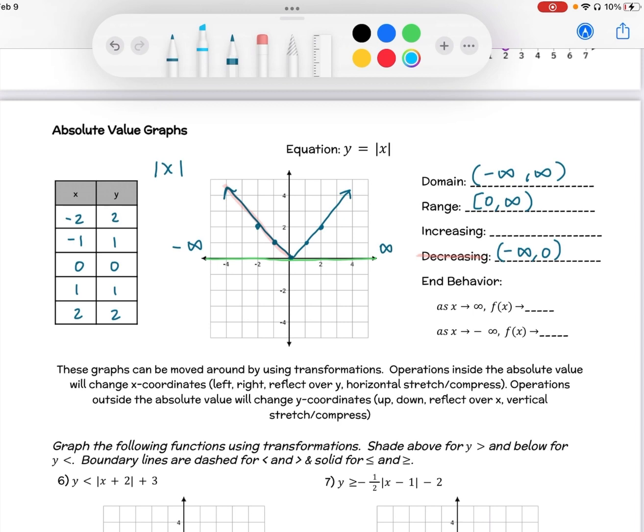All right, and then we're going to start again at that same spot that we stopped. And that's our increasing. So that would be from 0 to infinity. All right, and then end behavior, both ends are going up, so that would be infinity and infinity. So we have arrows on the right and the left going up, so we know that they both have to be infinity.